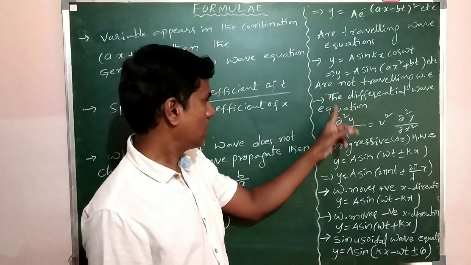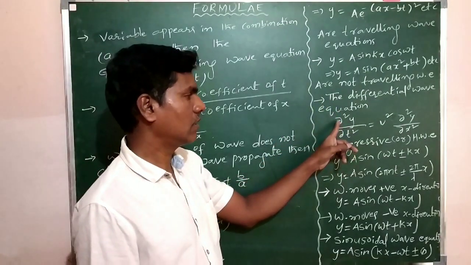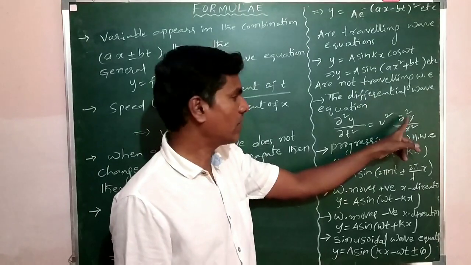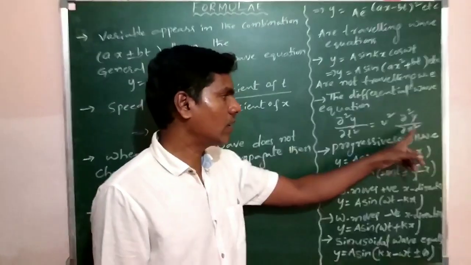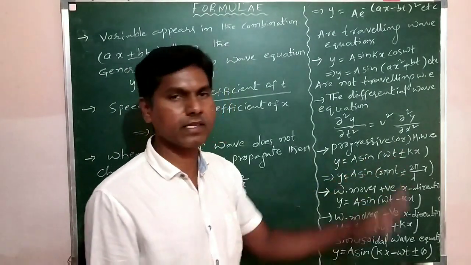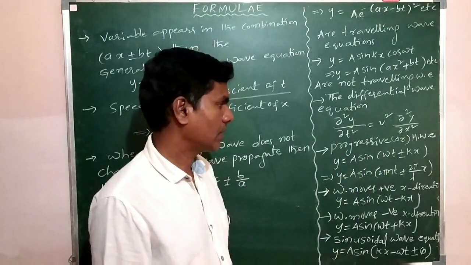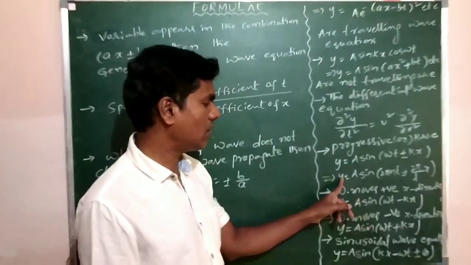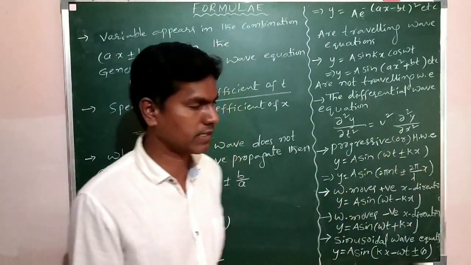The differential wave equation is ∂²y/∂t² = v² ∂²y/∂x². The progressive wave equation, or harmonic wave equation, is y = a sin(ωt ± kx). If we take ω = 2πn and the propagation constant k = 2π/λ, it can be written as y = a sin(2πnt ± (2π/λ)x).